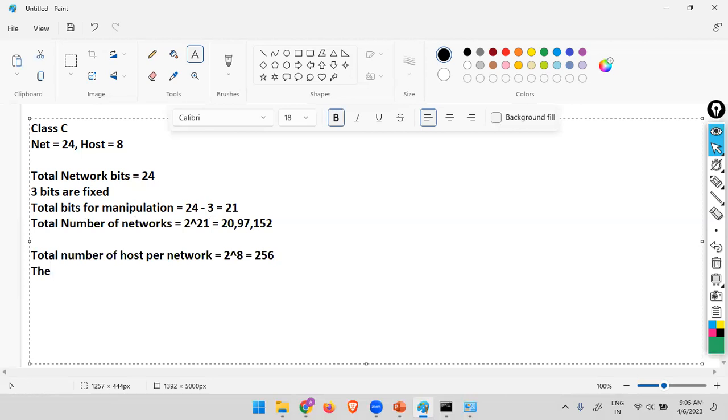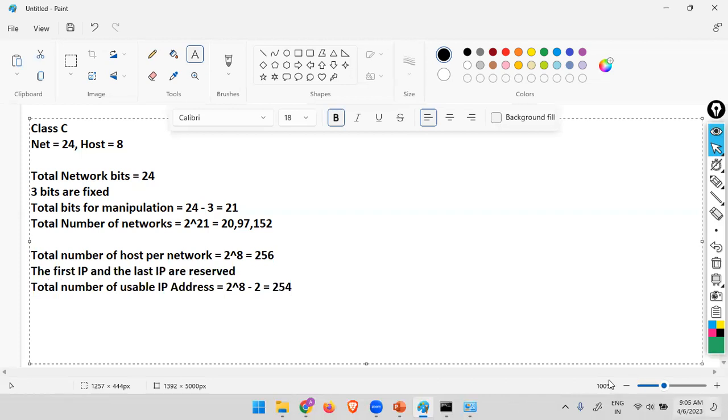But again, the first IP and the last IP are reserved. So the total number of usable IP addresses will be 2 raised to power 8 minus 2, equals 254.